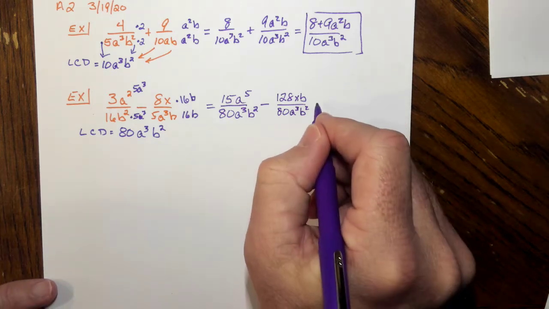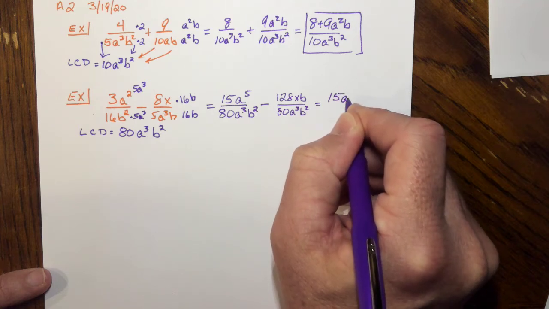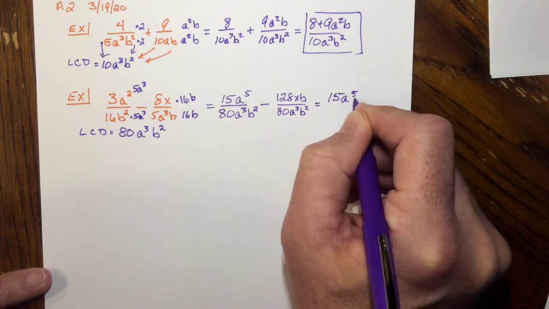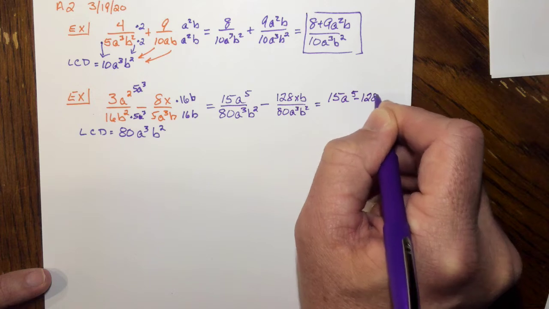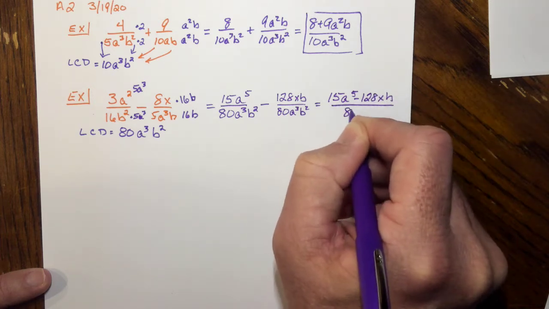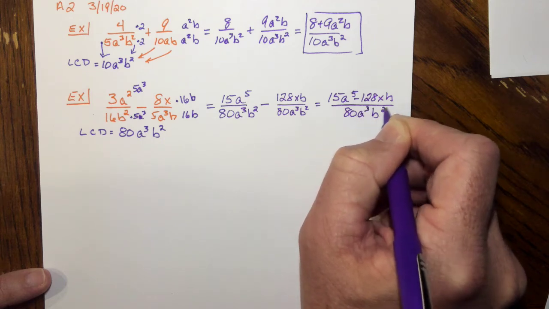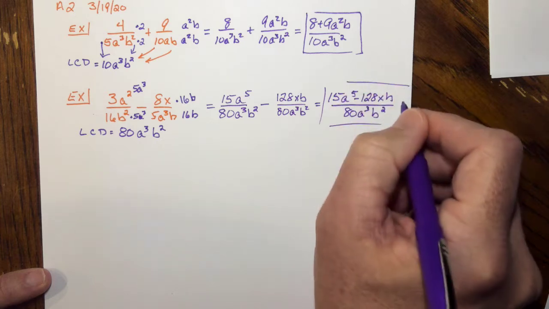Put it all together. 15a to the 5th minus 128xb, denominator 80 a cubed b squared. Done. Deal.